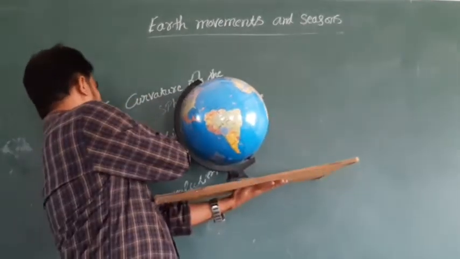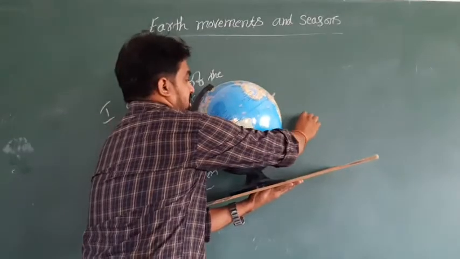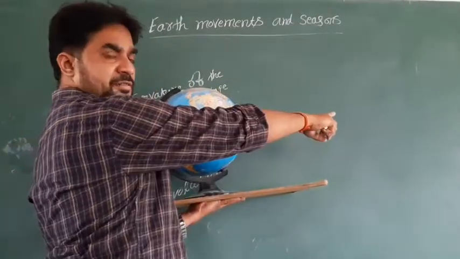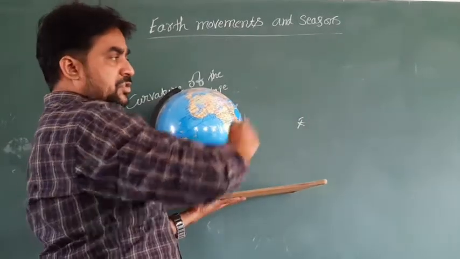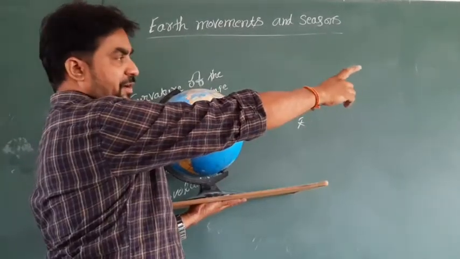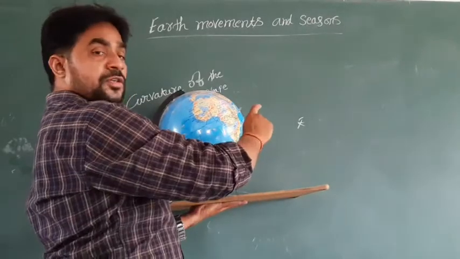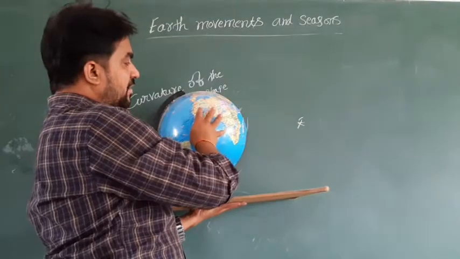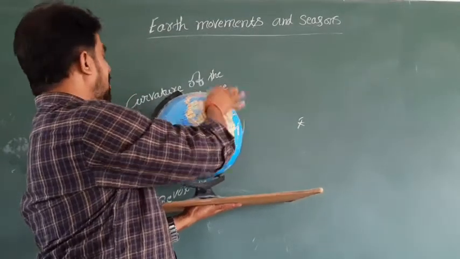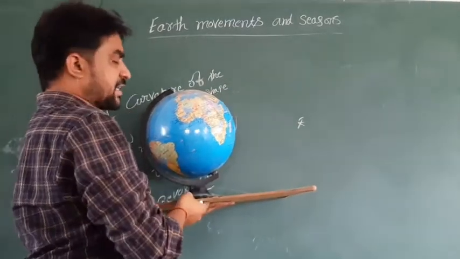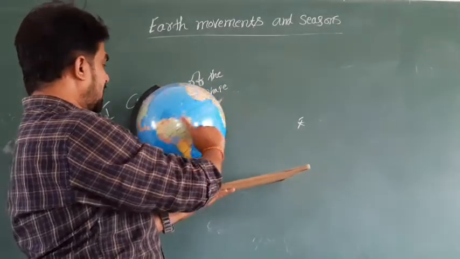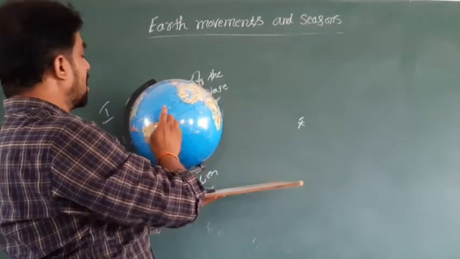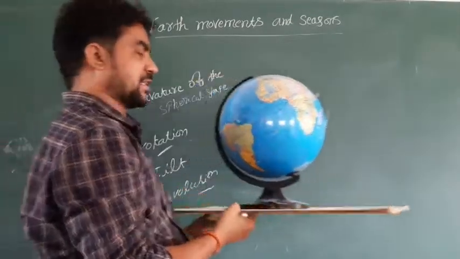Here this is west, this is east. On that side we have the sun, so sunshine always falls from the eastern side. The sunshine takes this place first, and this other side never takes it the first time. After the rotation, half of the area will take the sunlight, half of the area will not.